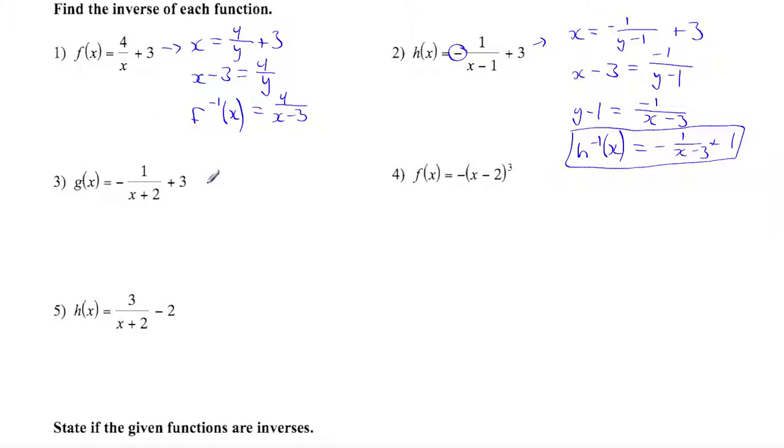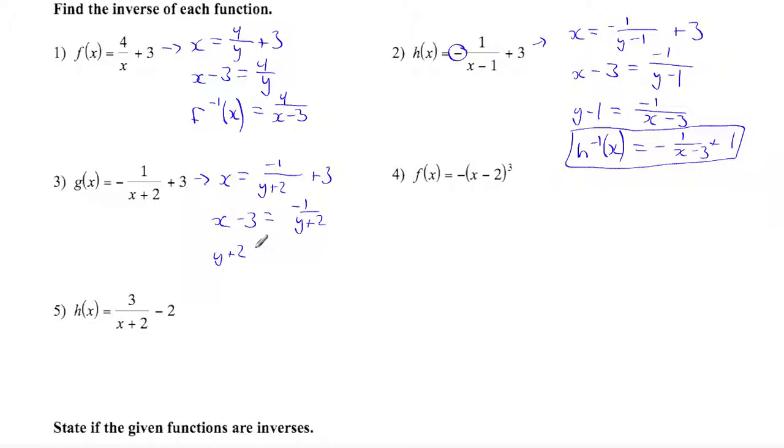Right, so number 3. This would give me x is equal to negative 1 over y plus 2, plus 3. Very similar to the last one we just did. So I'm going to subtract the 3 from both sides. So x minus 3 is equal to negative 1 over y plus 2. Switch the y plus 2 and the x minus 3.